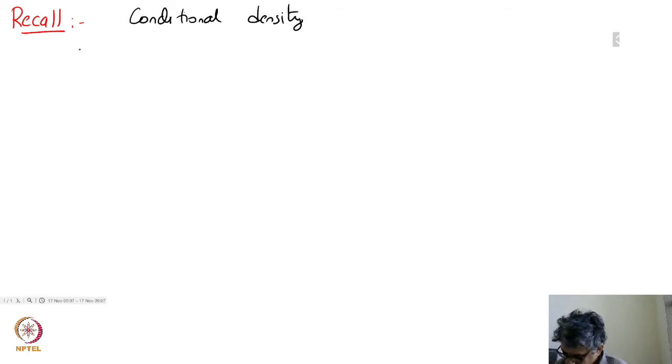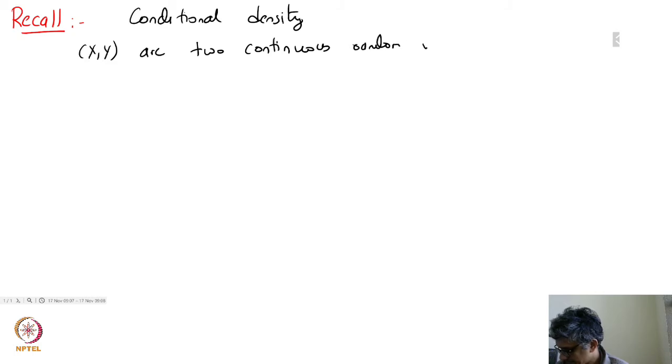So I had said that x and y are two continuous random variables, and having joint density f.